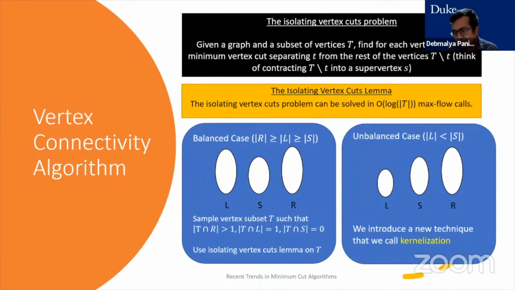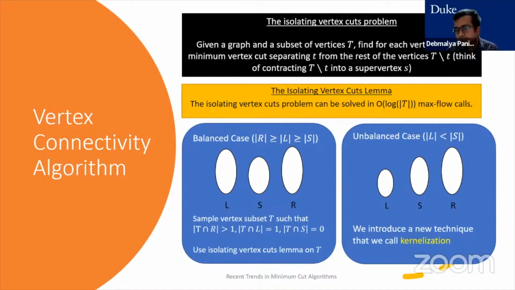Isolating cuts is not very useful here. For this case, we actually need to devise a completely independent technique that we call kernelization. This is some version of sparsification, but specifically for vertex cuts. I'm not going to be talking about that. That's the new part in this paper.